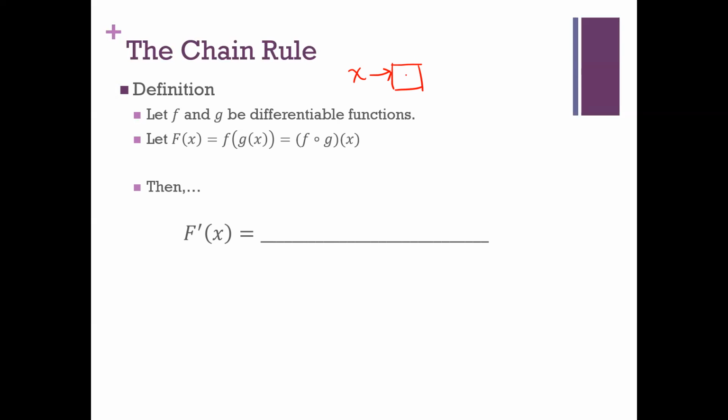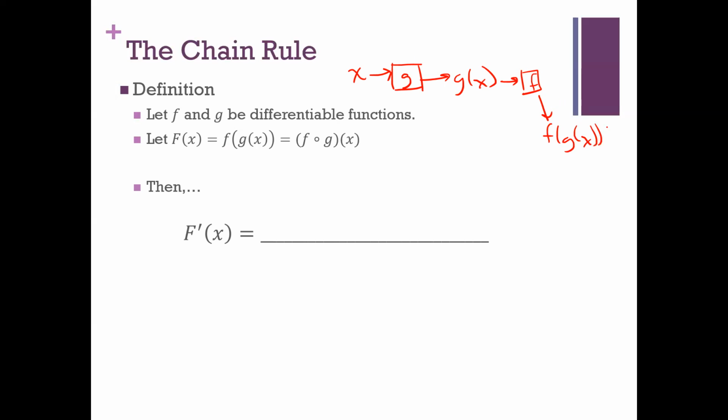Let's go back to basics. Let's not even talk about g yet. Let's just talk about x as some generic input. x is going to go in through g, and what comes out is this new thing called g of x. But what am I going to do with g of x? That's going to get fed into this function f, and what comes out of there? f of g of x, right?